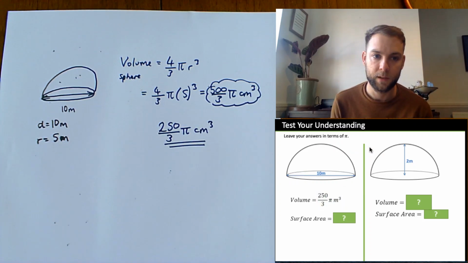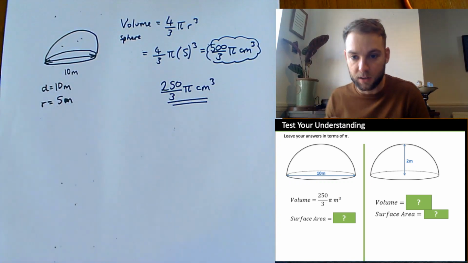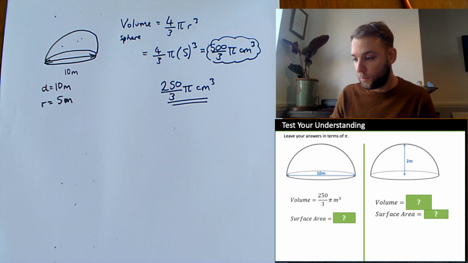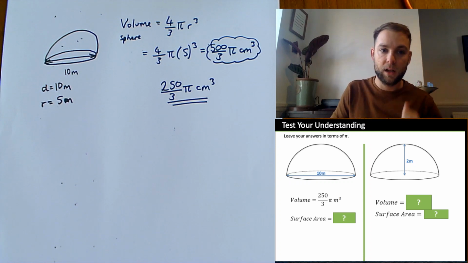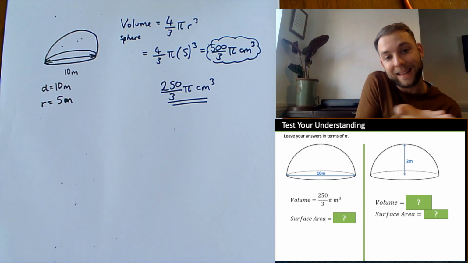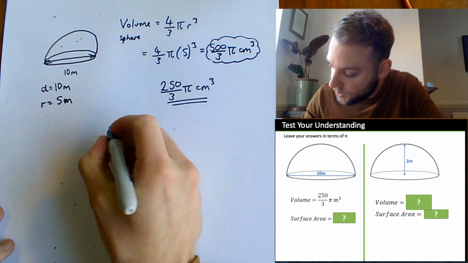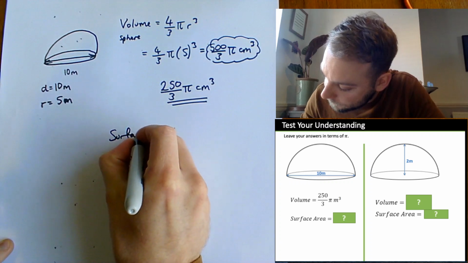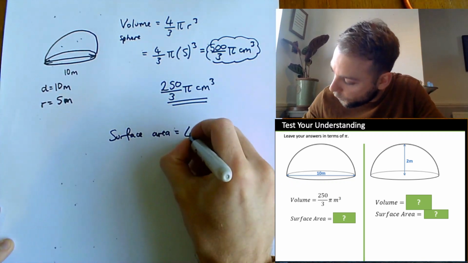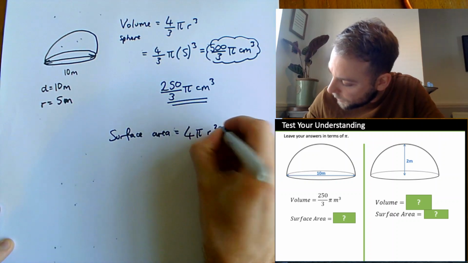Brilliant. Now this next one is the harder one, the surface area. So remember, I'm going to use the formula, which is 4 pi r squared. But when I halve this, I only get the curved top part. So I need to add on that circle on the bottom. So the surface area is equal to 4 pi r squared.